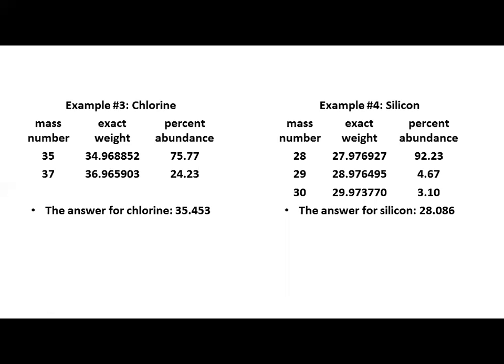And this is again the percent abundance. Similarly, you divide the percent abundance by 100, multiply with the exact masses, and then sum over all the isotopes. It will give you, let's suppose for chlorine, 35.453. At least you have to mention 3 significant figures after the point.